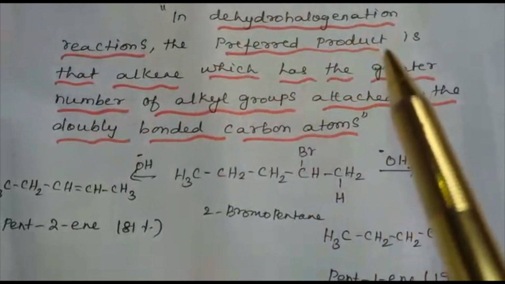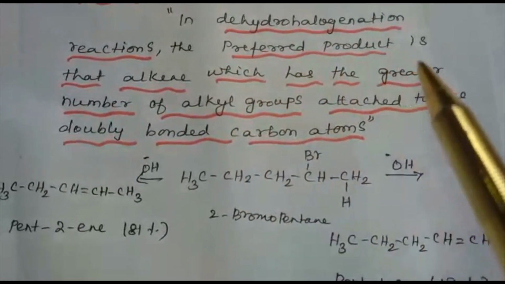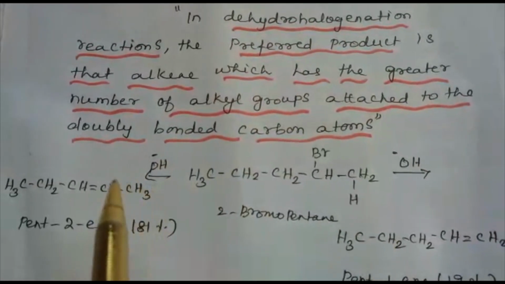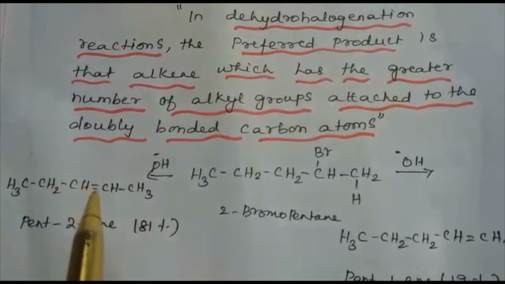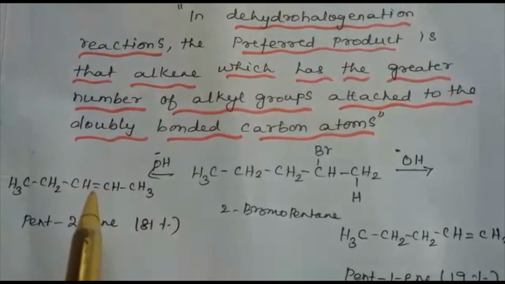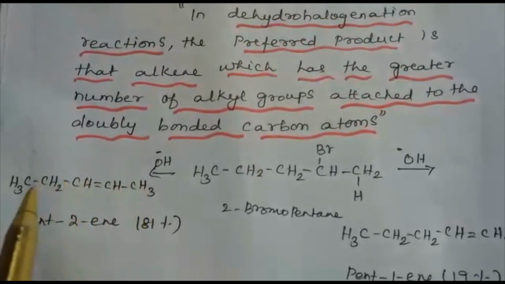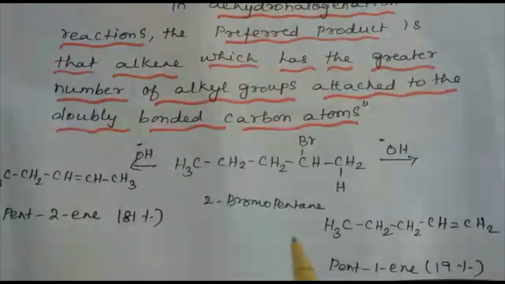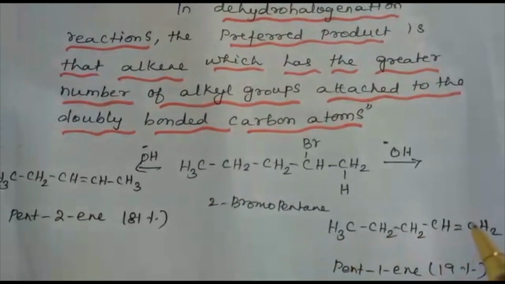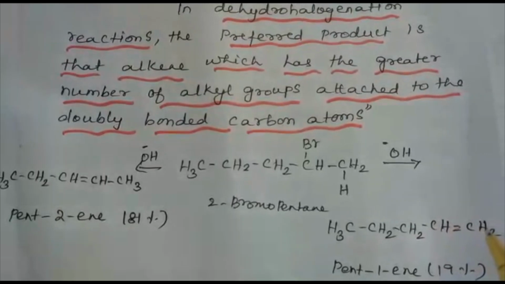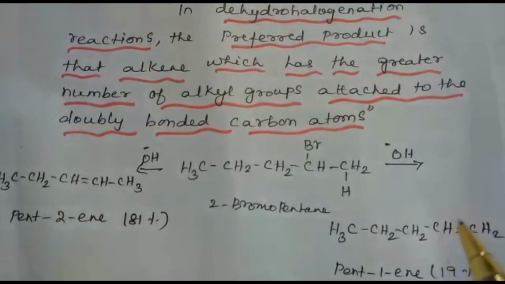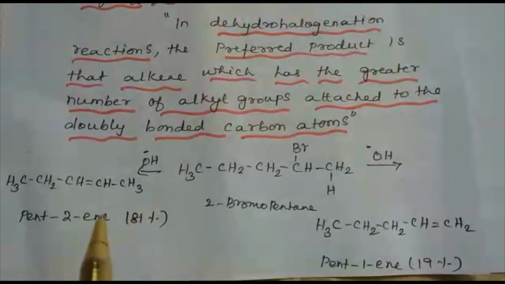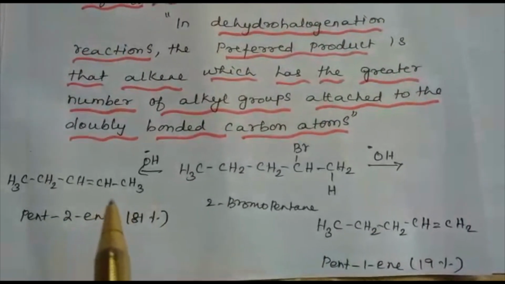The preferred product is that alkene which has the greater number of alkyl groups attached to the doubly bonded carbon atom. This is the doubly bonded carbon atom where the number of alkyl groups attached is found to be more. Whereas in the case of pent-1-ene, this is the doubly bonded carbon atom where the number of alkyl groups attached is found to be less. So this is the minor product and this is the major product.